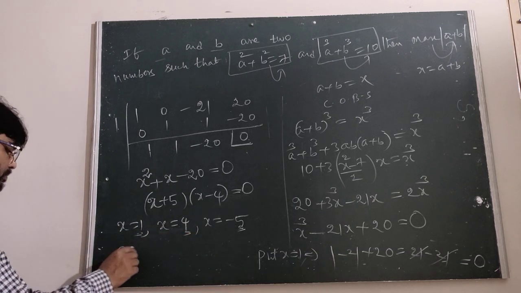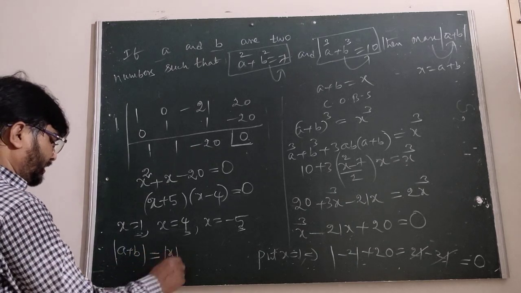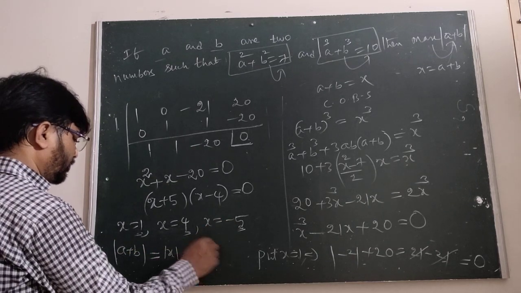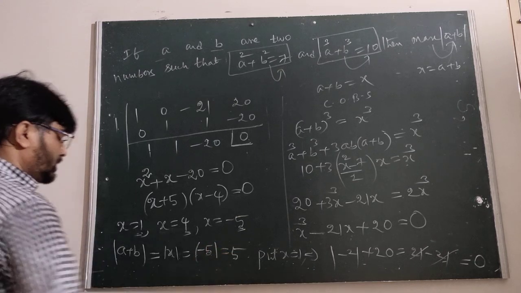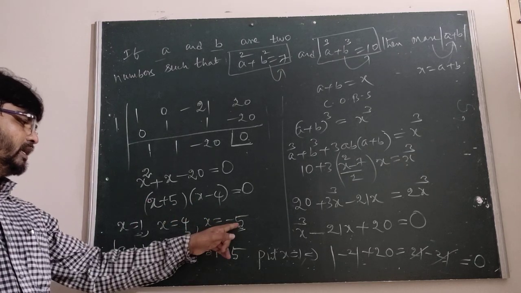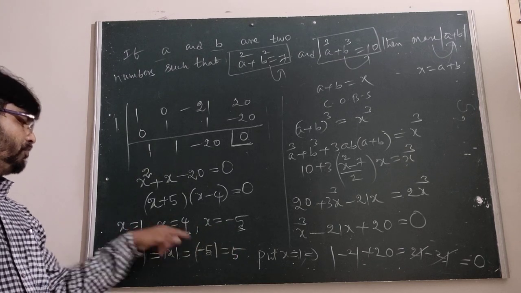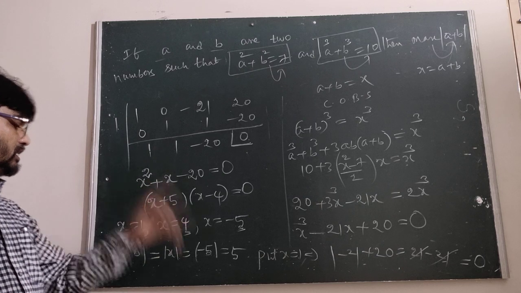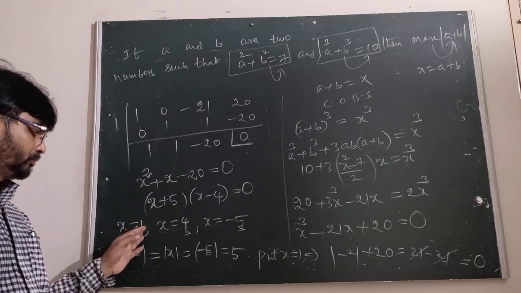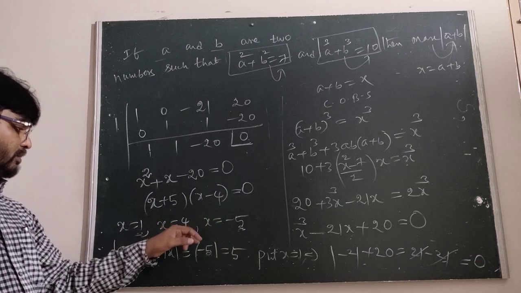Therefore, the maximum value of mod A plus B, that means mod of X, is mod of minus 5, which is 5. The least value of A plus B is minus 5, the maximum value of A plus B is 4.